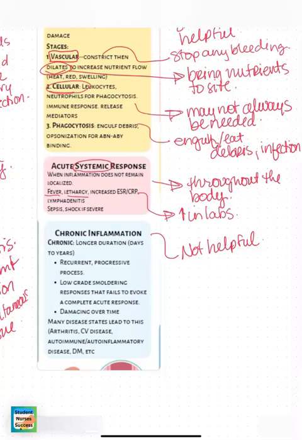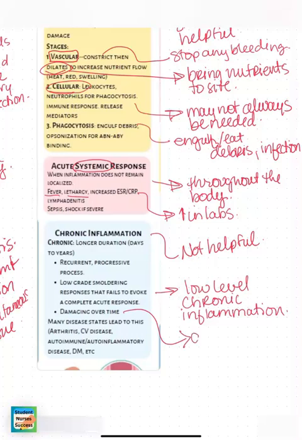And so you see this low level chronic inflammation. And this low level chronic inflammation actually starts to damage the tissues because it doesn't go away. And so it damages tissues over time.